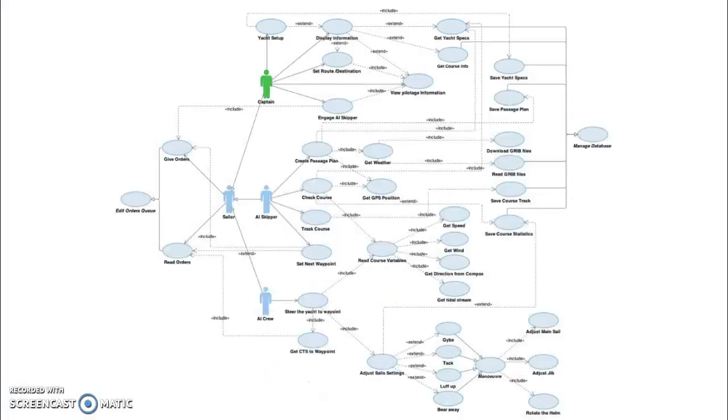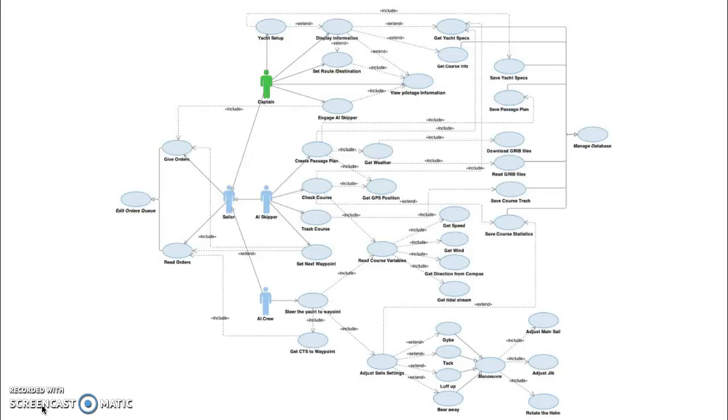And there are three main actors in the system: the captain, the AI skipper, and the AI crew. And these actors are generalized by the abstract actor, the sailor. So the role of the actors is to take orders from the user and from the actor which is higher up in the hierarchy.